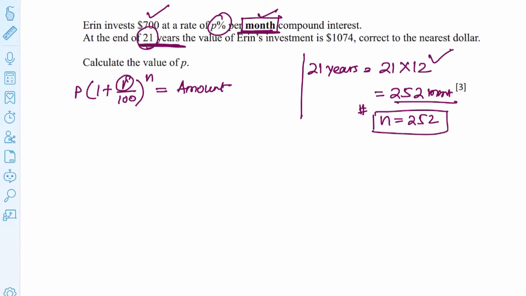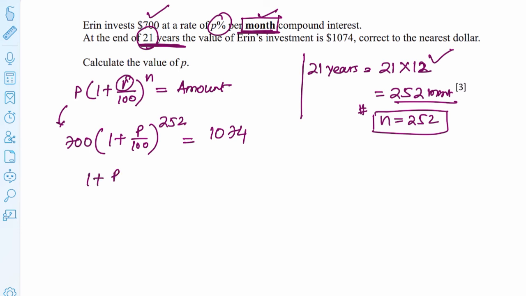Right now we can use the formula here. The initial investment is given as $700, times 1 plus, instead of r, p over 100, power n, which is 252, which equals the amount, which is given as 1074. Got it? Okay, so now we'll rearrange this.